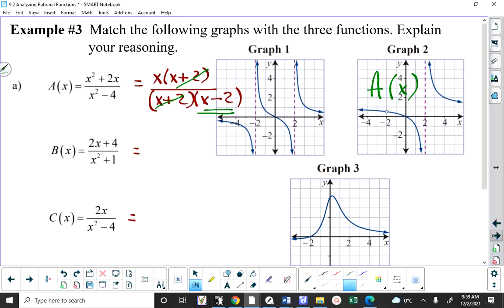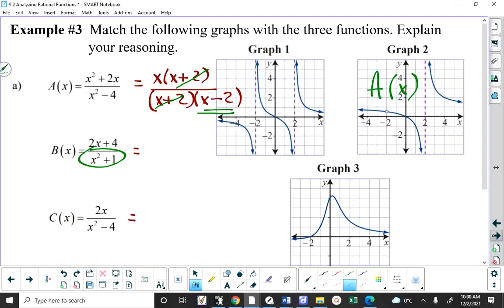Going along the lines of Evan's comment that if there are no non-permissible values, the domain is any real number, when you take a look at b of x, I don't even need to factor the numerator here. B of x has no non-permissible values. So it cannot have any vertical asymptotes, and it cannot have any holes.